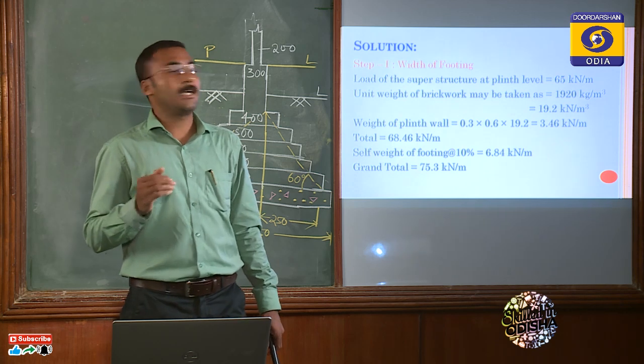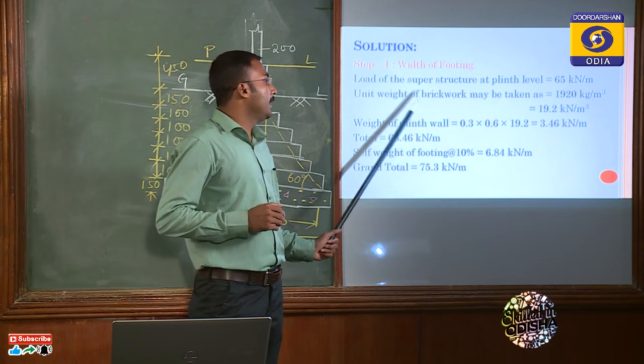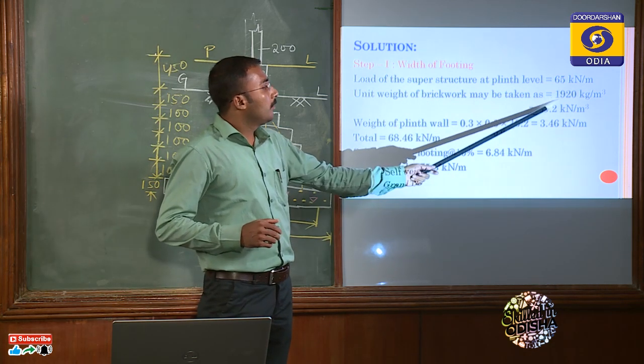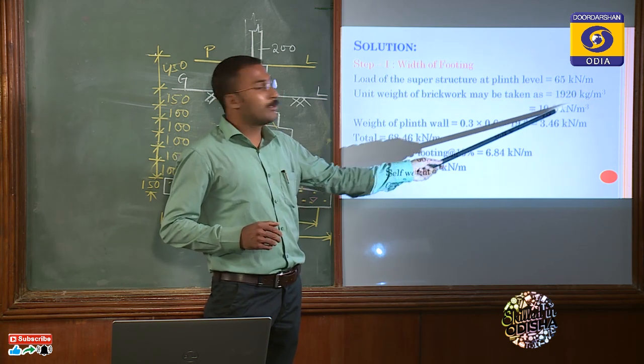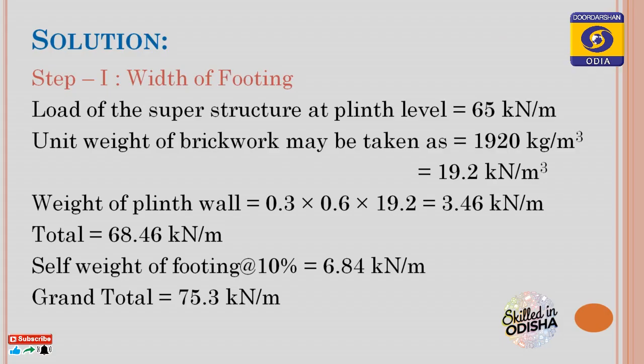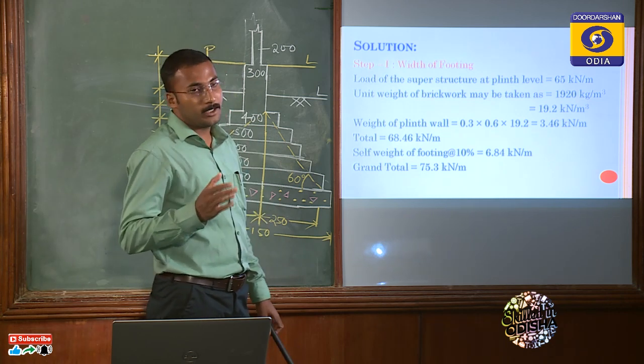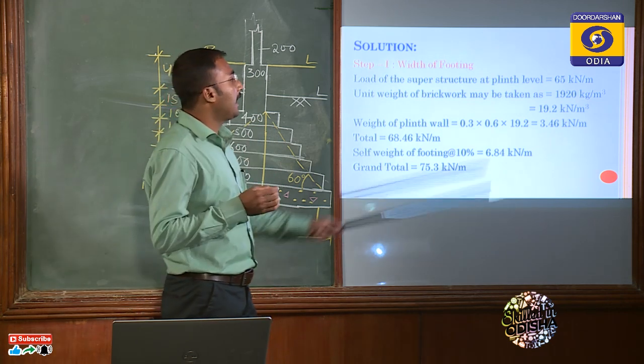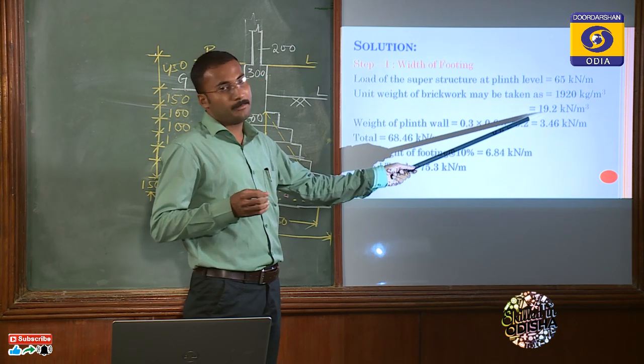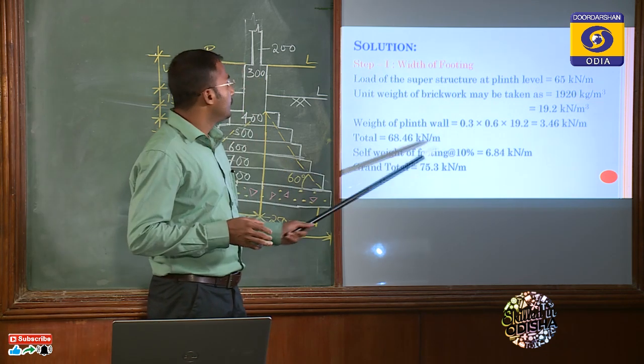In some standard books, the unit weight of brickwork is 1900 kg per meter cube or 19 kilonewton per meter cube. In some other books it is 19.2 kilonewton per meter cube. You can take 19 or 19.2 kilonewton per meter cube. Choice is up to you.